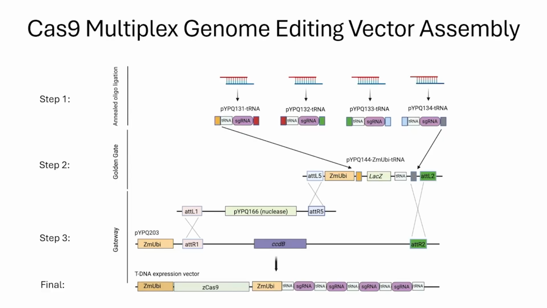The final step after that is a Golden Gate reaction to combine all of those guide RNAs with your nuclease clone, as I'll break down further in the following slides, along with a destination vector, which we combine, the 3 of them, with Gateway assembly to assemble your final tDNA expression construct.